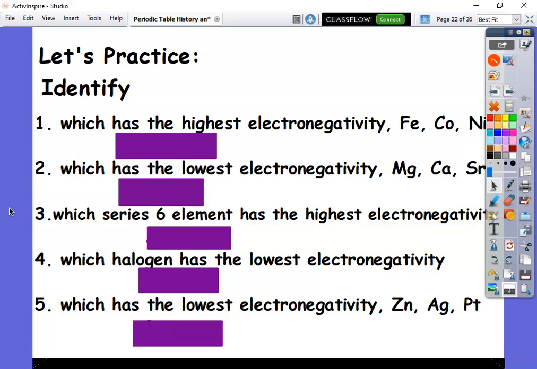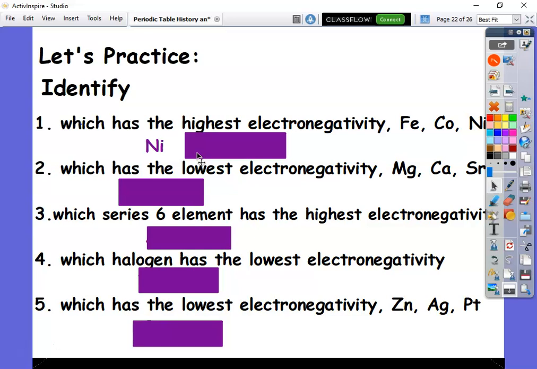Iron is furthest to the left, cobalt is in the middle, nickel is furthest to the right. So therefore, nickel has the highest electronegativity. So nickel atoms of those three are more likely to attract new electrons into themselves because they're smaller atoms.